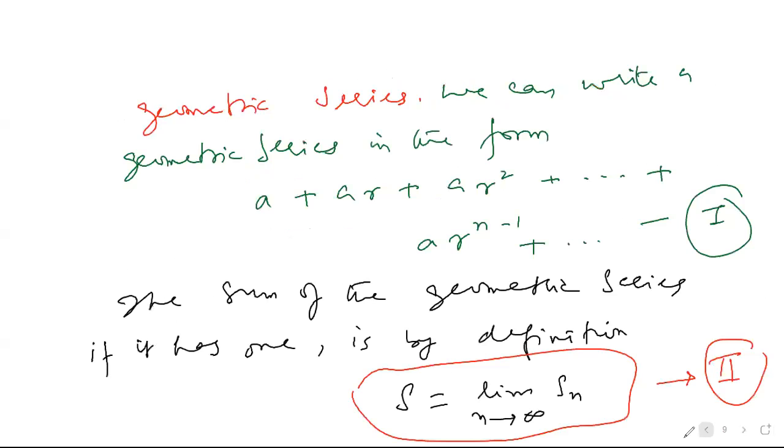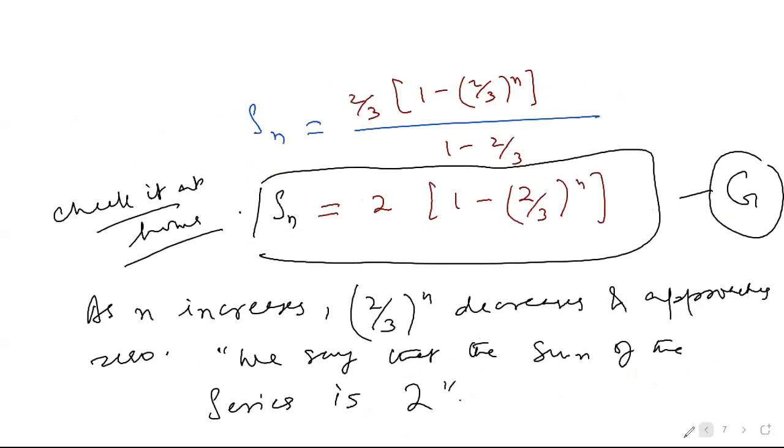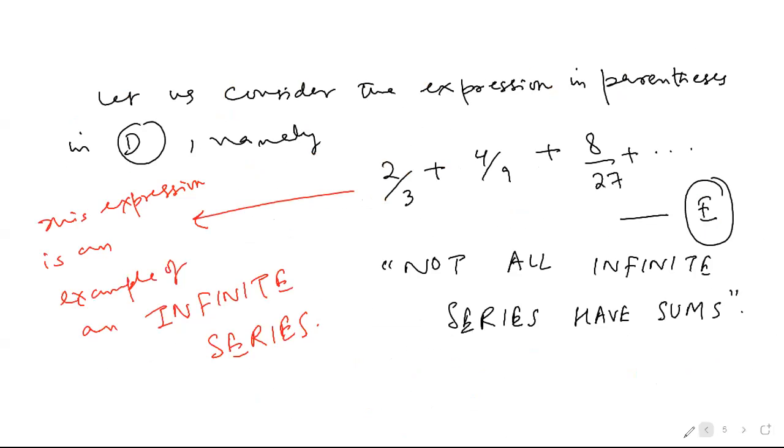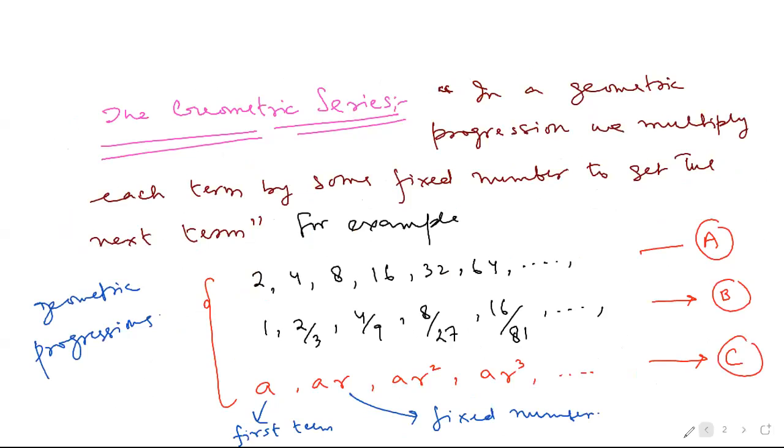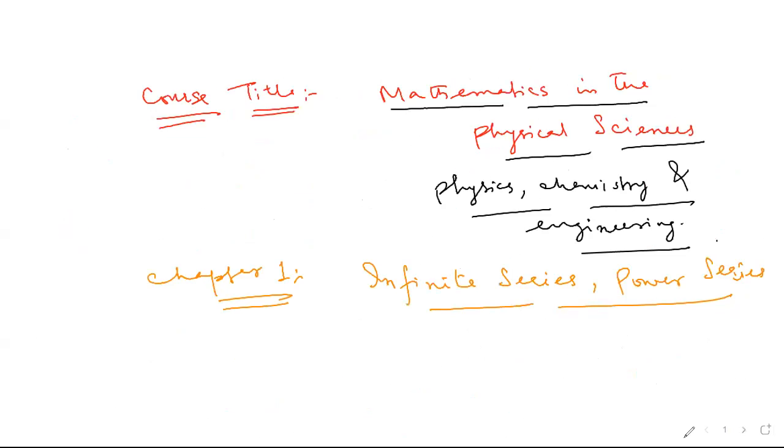Let me summarize the lecture. In the start, I introduced the course, title of the course, and its usefulness. Then I said that the first chapter is infinite series, power series.